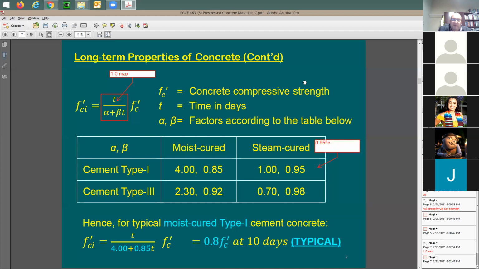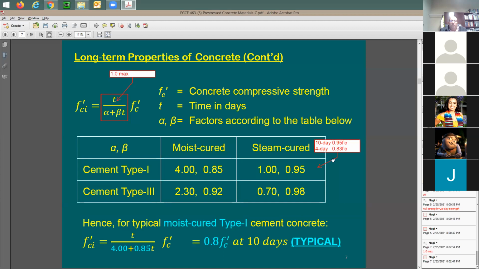So how about if I put it as 4 days? You can say after 4 days, what strength would you get? I guess this is close to 80%, right?